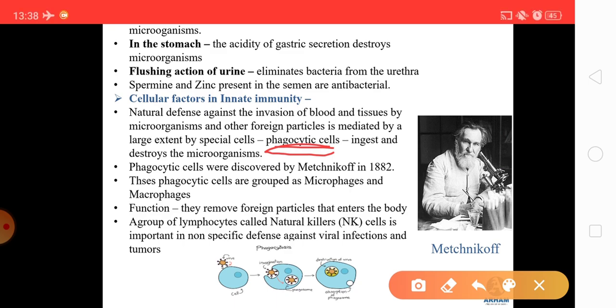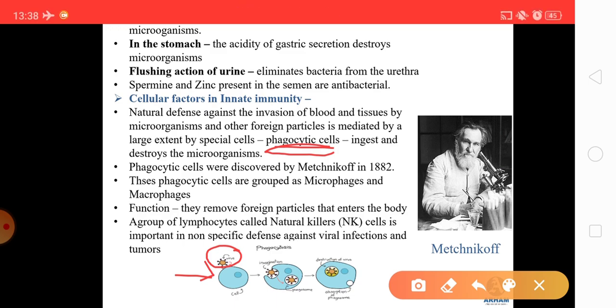If you see in this picture, the blue colored cell is a phagocytic cell which is ingesting this virus, and in the next stage, it has completely ingested and absorbed the virus. So it is ingesting the virus as well as destroying it. This is what is done by the phagocytic cells.